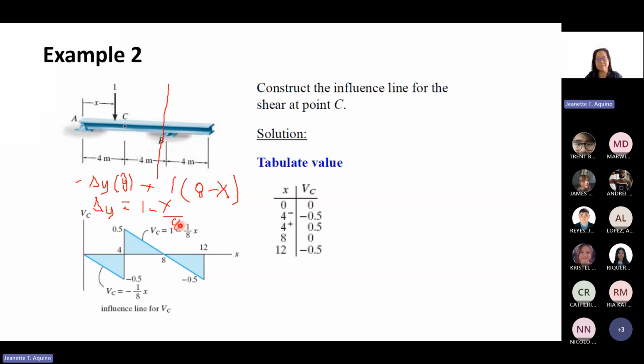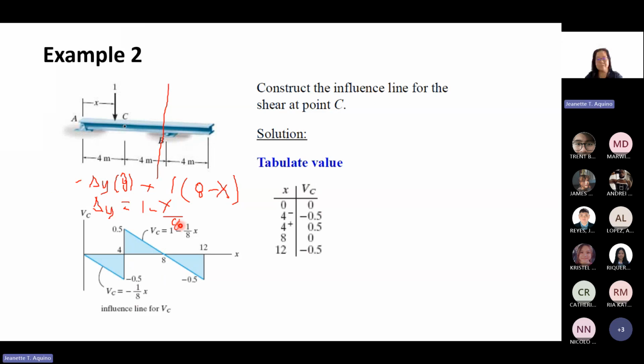On the left side, if you put in 4 here, it will be x over 8, 4 over 8.